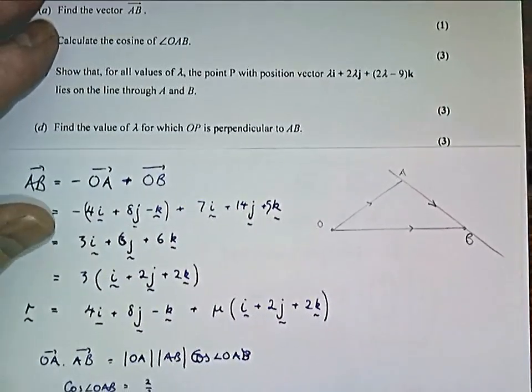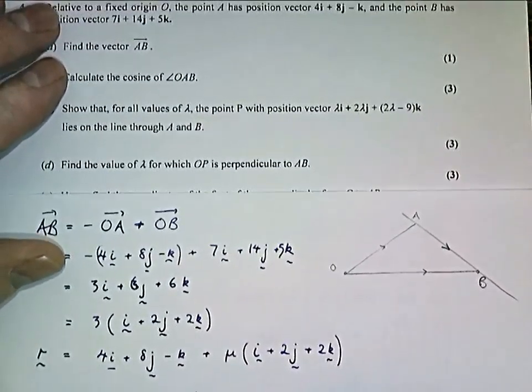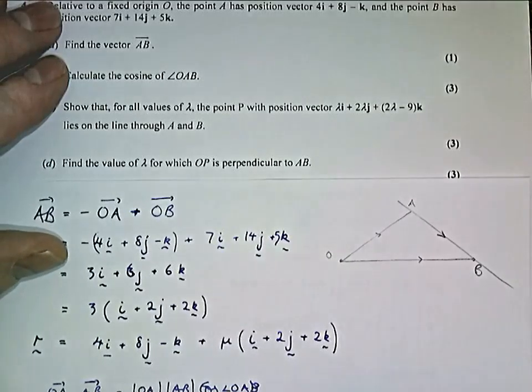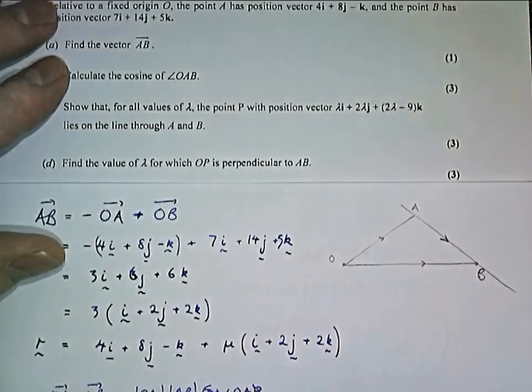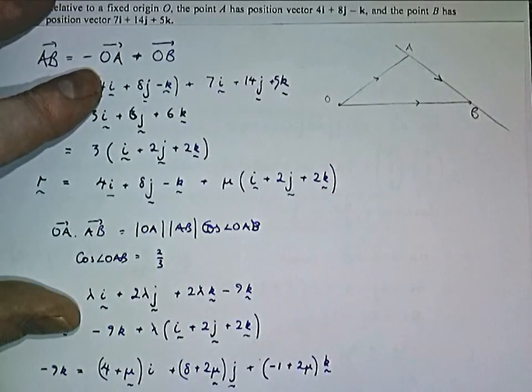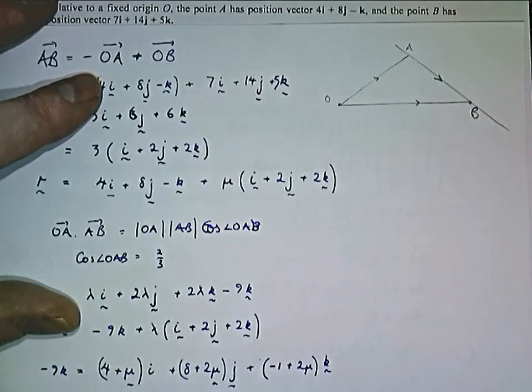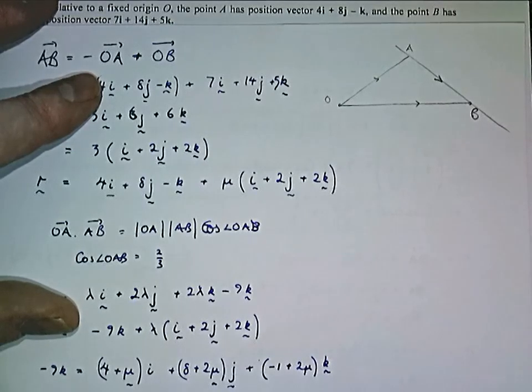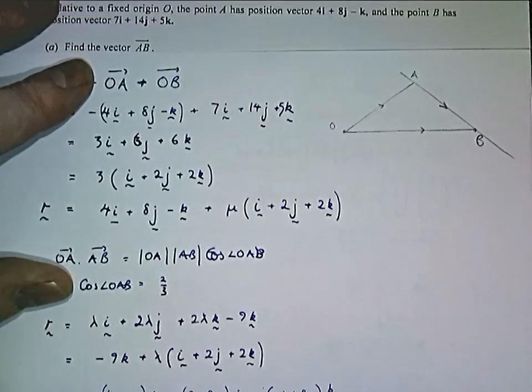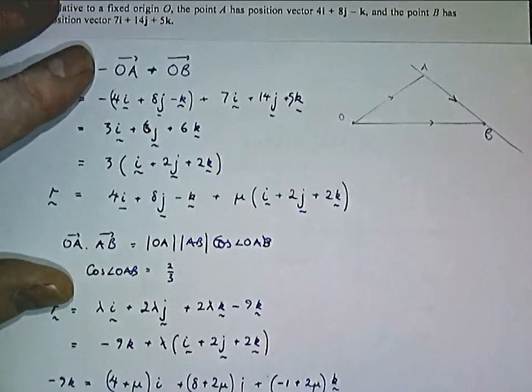Now, for the next bit, we have to find the value of lambda for which OP is perpendicular to AB, and for that one, you've only got to say OP dot AB equals 0, and work out the value of lambda.